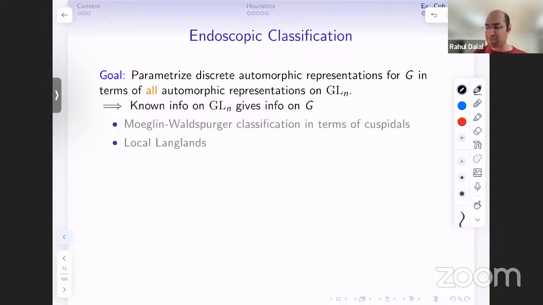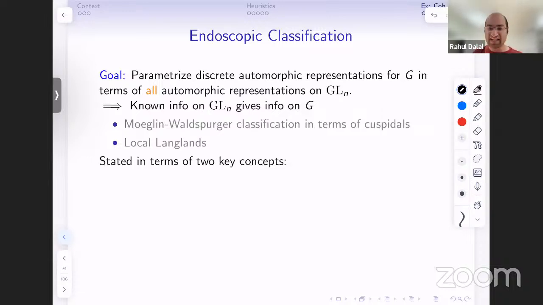The two technical pieces of information are the Moeglin-Waldspurger classification of discrete automorphic representations on GLN in terms of cuspidal automorphic representations, and local Langlands. That is intuitively, maybe motivationally, what the endoscopic classification is trying to do.